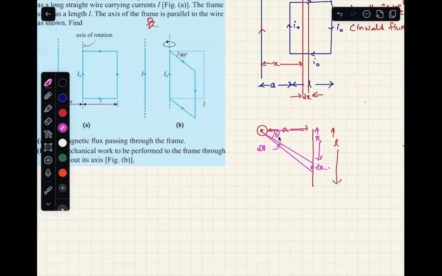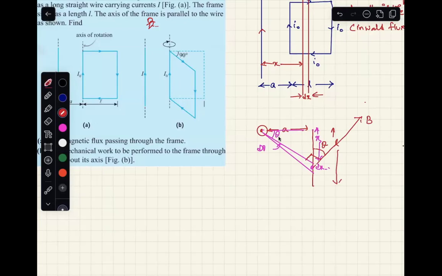It's an outward current, curl, which means this is how you will have B, almost 90 degrees. If this is theta, this is also theta. Agreed? Yes or no?